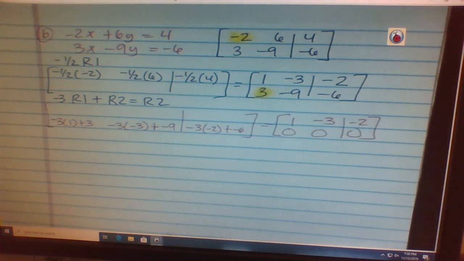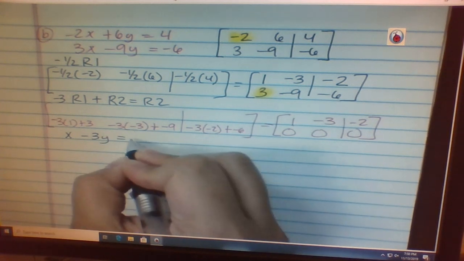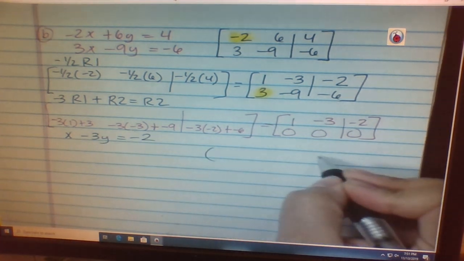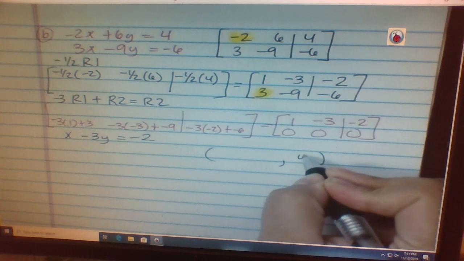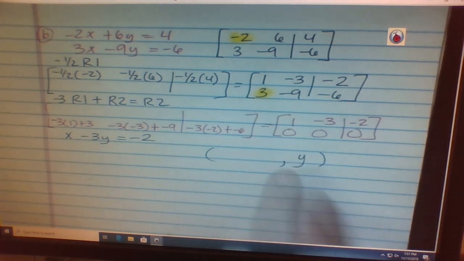So did you get the whole bottom row to be 0, 0, 0? Yeah, so that tells you it's infinitely many, so I need to do some weird stuff up there with the equation. I know this guy's x minus 3y equals -2. My last variable is going to be y, because I only have x and y.